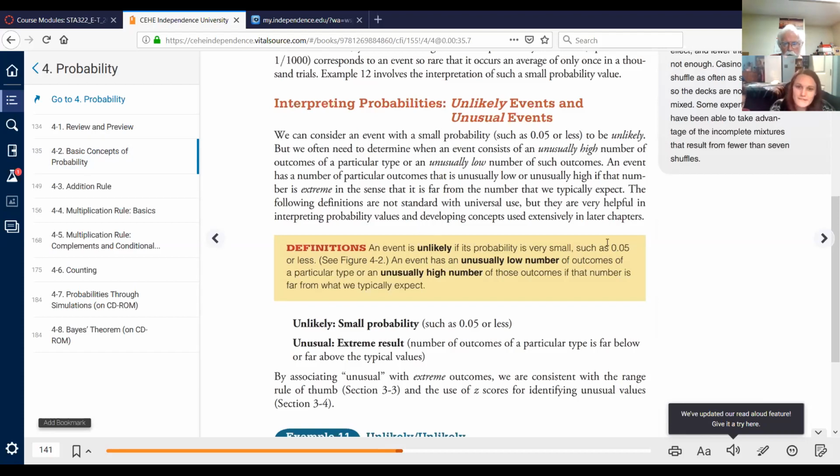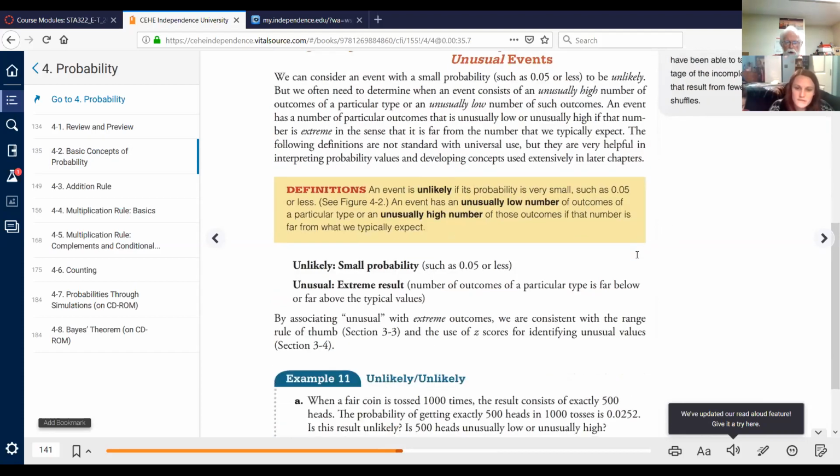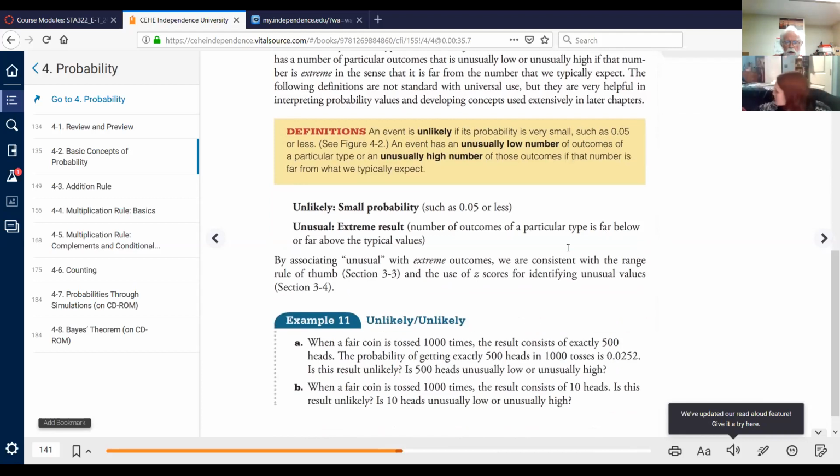So what we want to do is look at these things as an extreme result. Let's say that again, we go back to rolling a die. We would expect, if we rolled the die several times, that we'd get a range of values.